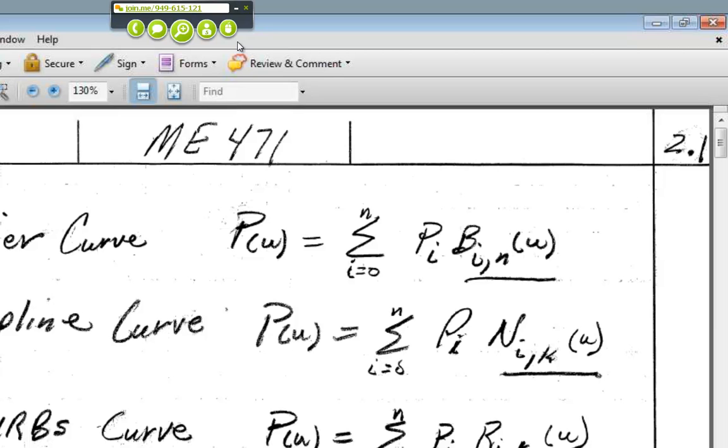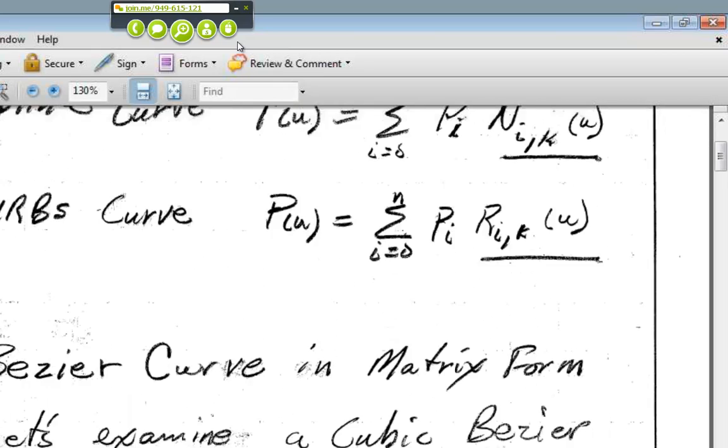Unless we have it turned on to where we're putting in control points, and then we're filling up the right-hand side. So we need to jump over to page 3, where it starts talking about splines.